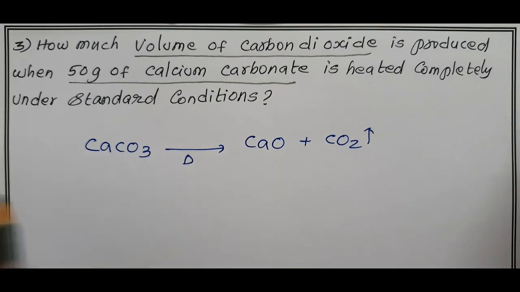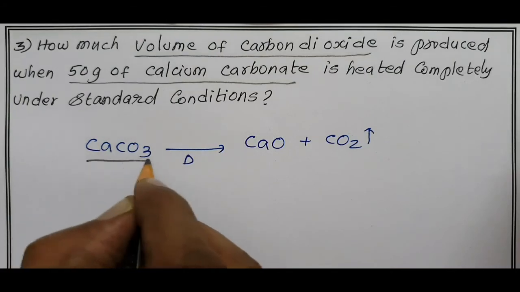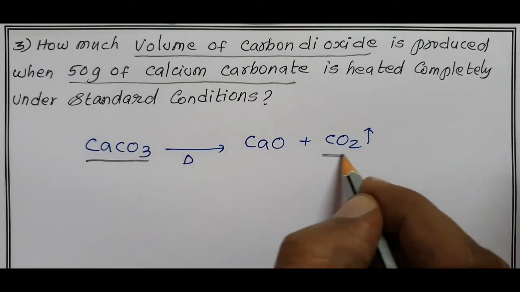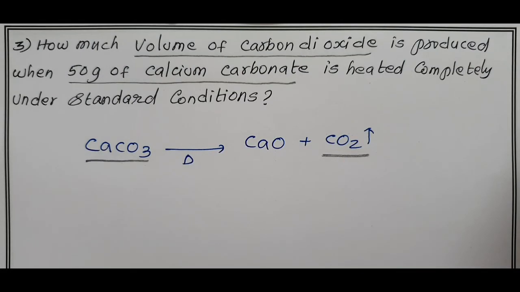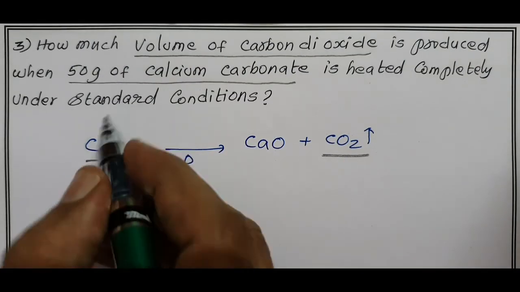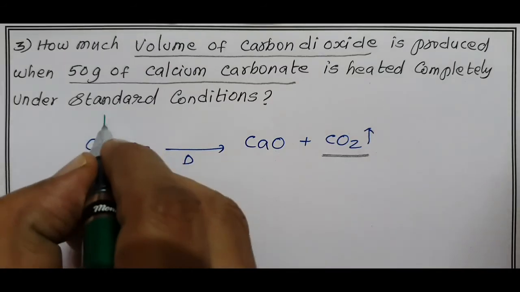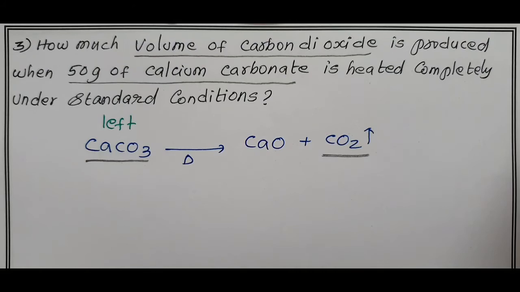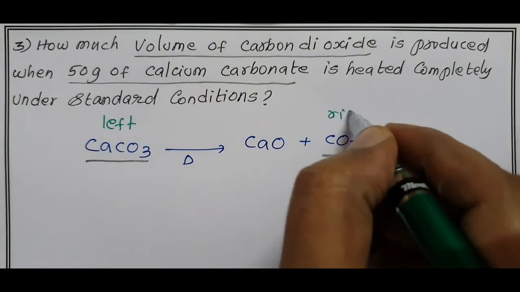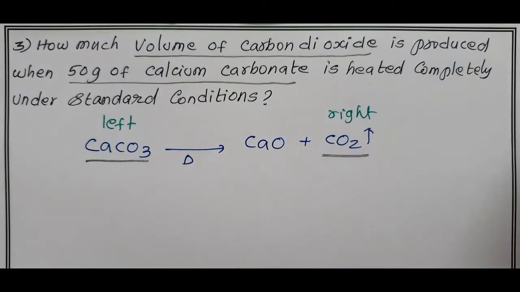Calcium carbonate is the given value; here amount is given. Carbon dioxide is the question value, but volume of carbon dioxide is asked. So, the given value should always be on the left side and the asked value always on the right hand side when we write this sentence.